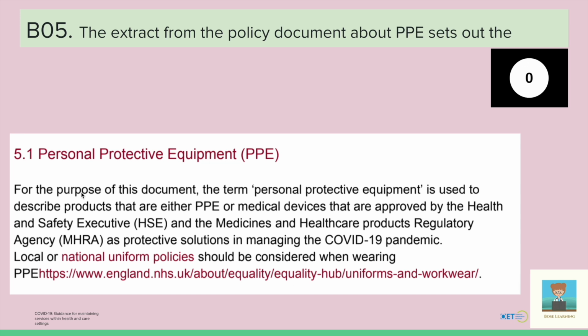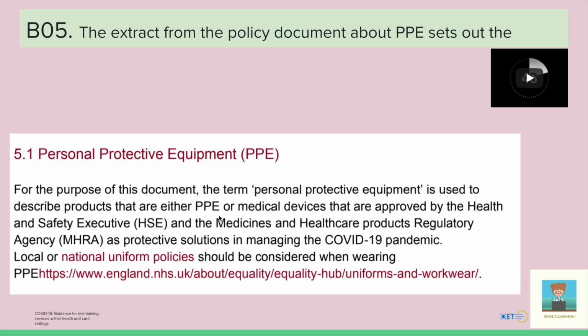So here we have, for the purpose of the document, the term personal protective equipment is used to describe products or devices that are approved by the Health and Safety Executive and the Medicines and Healthcare Products Regulatory Agency as protective solutions. Okay, local or national uniform policy should be considered.